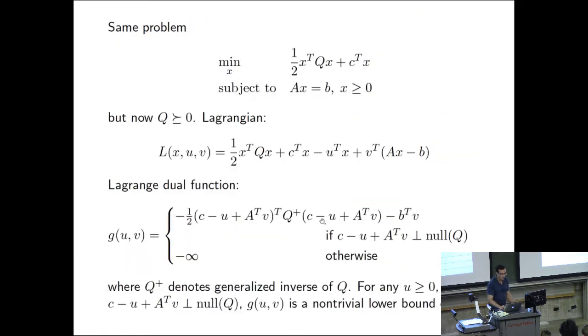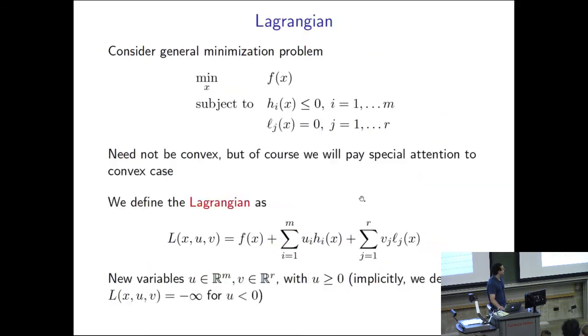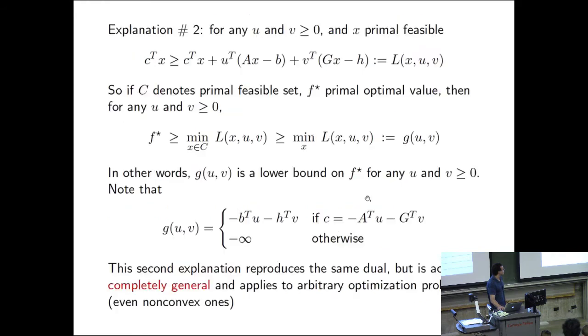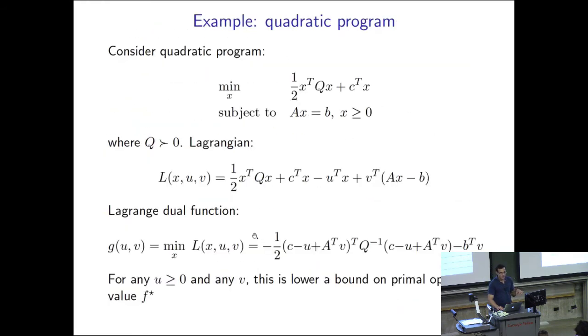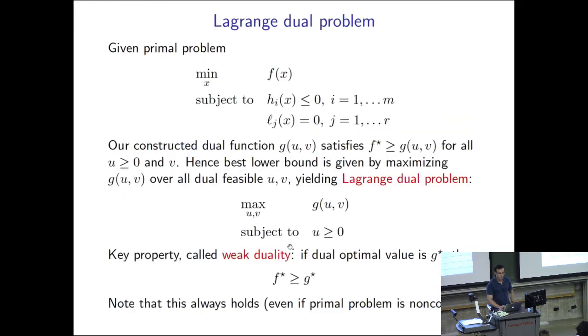So that was true here in this quadratic program. That was also true here in this linear program, right? So g maybe implicitly in its domain has a bunch of constraints on u and v. So really the dual problem is just masking what may be more constraints that are effectively there.